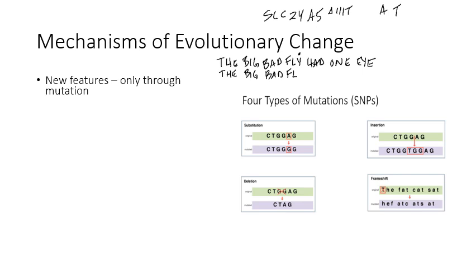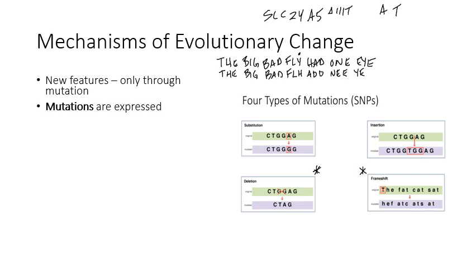So H moves over, and we complete the rest of the DNA strand, and there's a problem with reading this. The big bad fla adoni yi. So there's a mutation here, and I'm not sure how it's going to affect the species, but anyhow, this is one particular mutation illustrating a deletion and a frame shift.